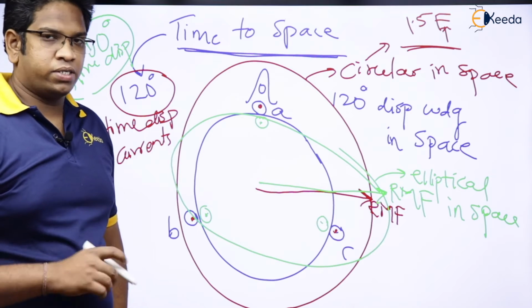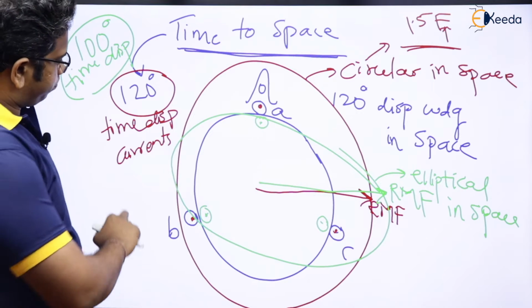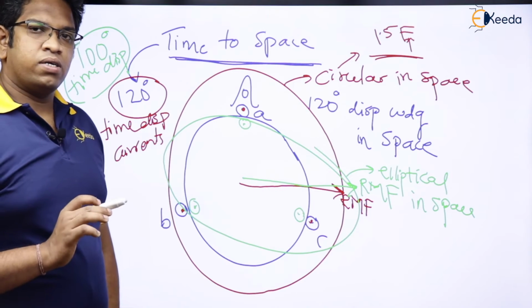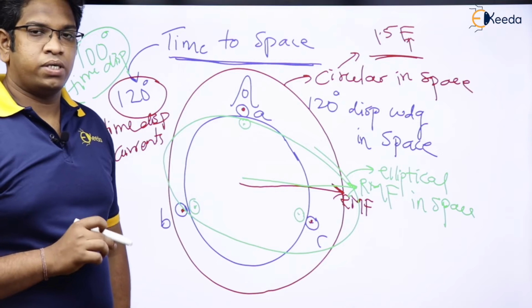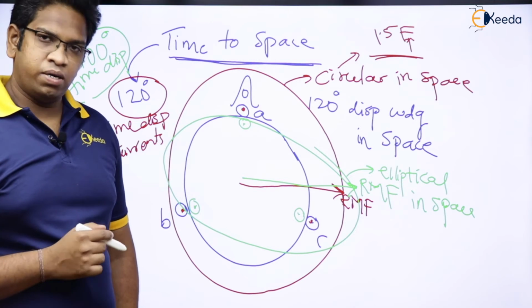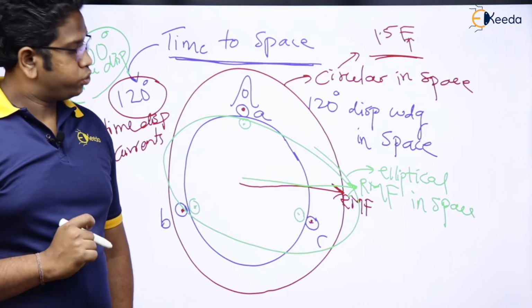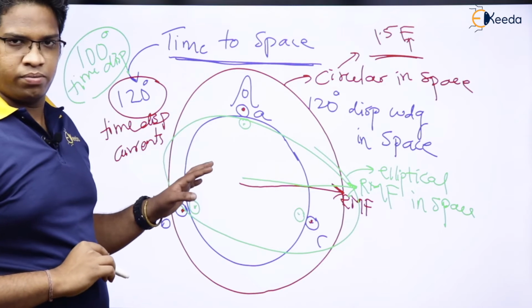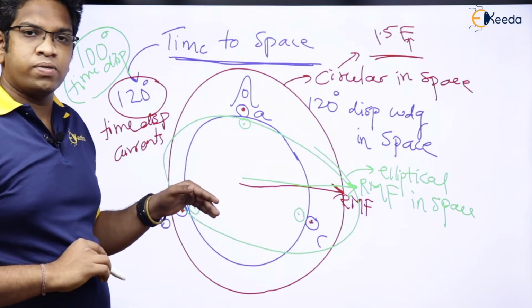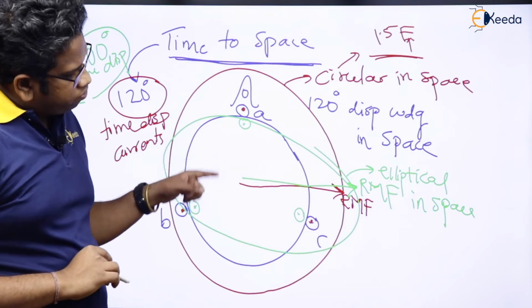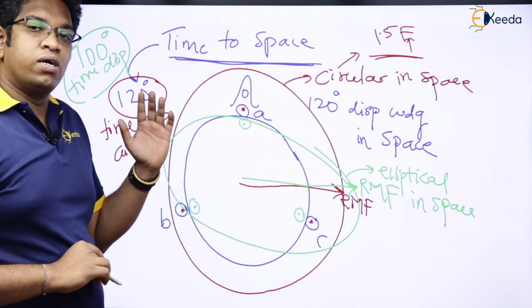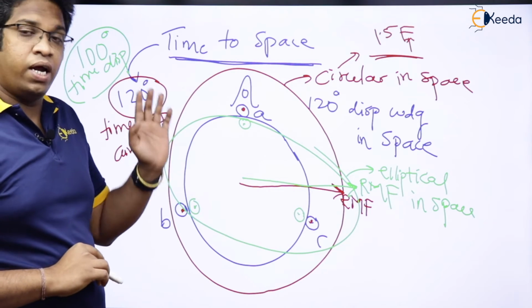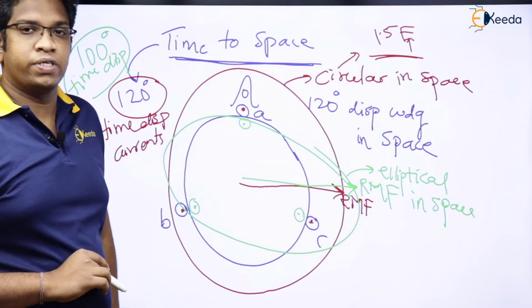So what will be the effects? Now please tell me one thing. When I am saying that it is 100 degrees time displaced, is it unbalanced or not? 100% unbalanced, right? So let us firstly understand what are the repercussions of those unbalanced currents, and then we will try to understand how we can analyze unbalanced as well, and then how we can have pure sinusoids.